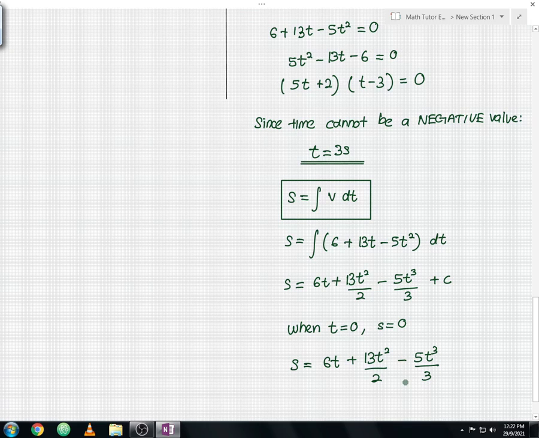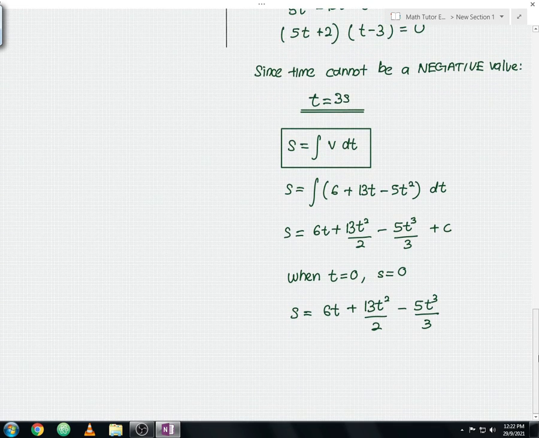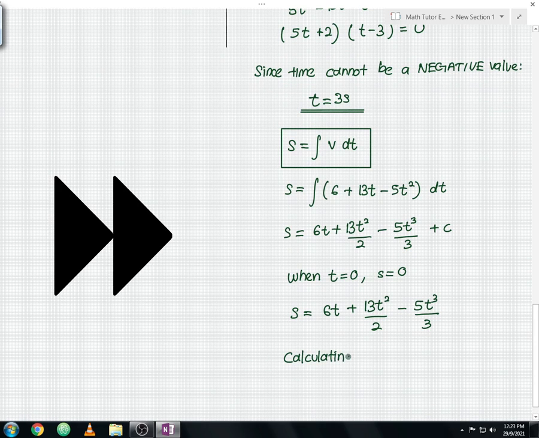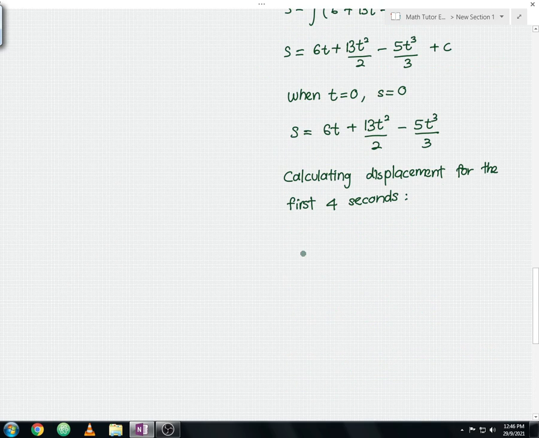Okay, so once we find the displacement, the next step is we can start to calculate the displacement for the first 4 seconds. Okay, so let me write that in the working here. Let us begin our calculation starting with 0 seconds, followed by 1 second, then 2 seconds, then 3 seconds.